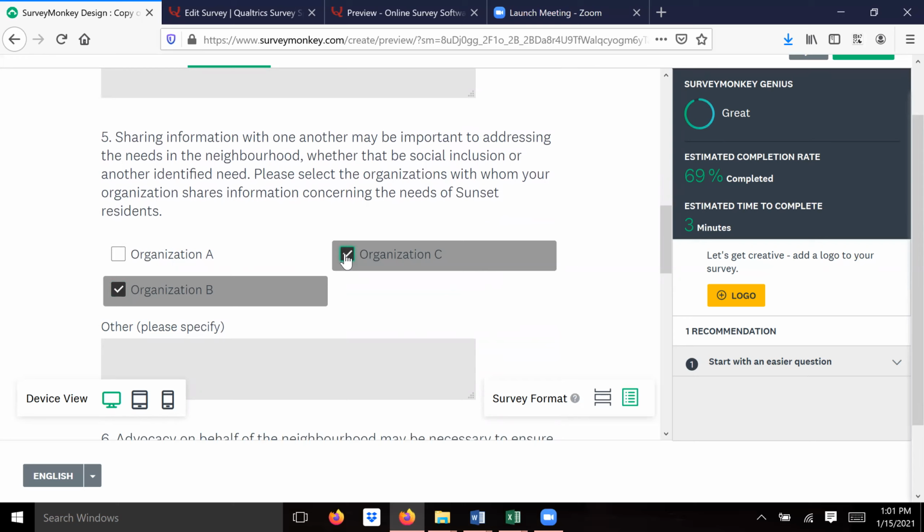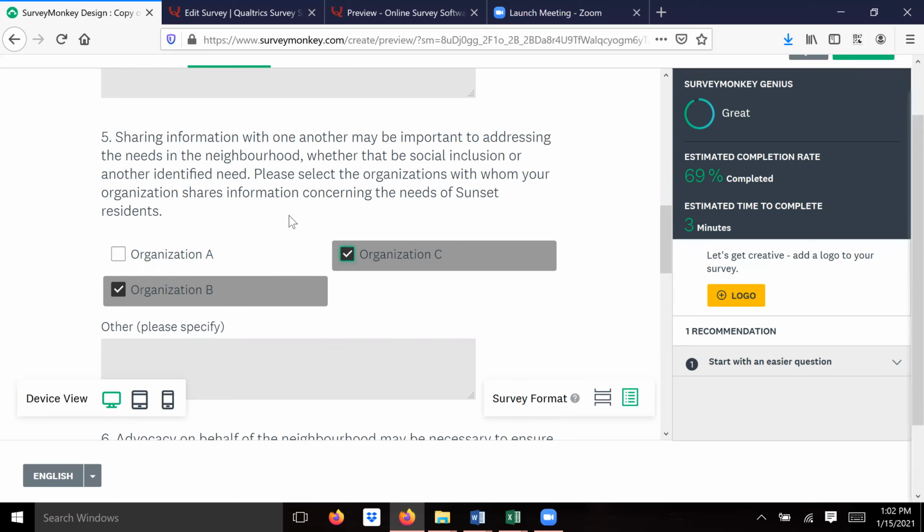What this option does not allow for is for respondents to also indicate the strength of those relationships. So for this simple data collection, we could only capture whether there is a tie or not. Please also note, for the list of organizations, I have listed A, B, and C to protect the case participants. However, here is where you would specifically list each of the organizations or individuals included in the network that you're trying to capture data on.